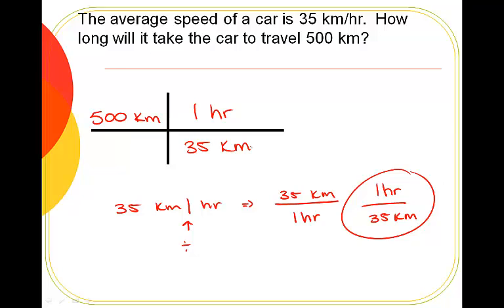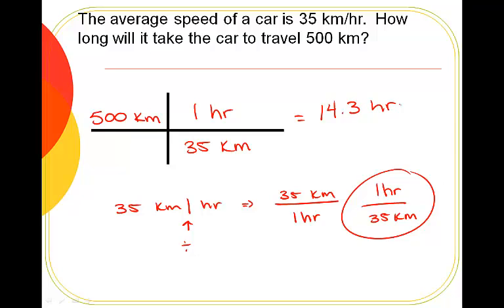We set this up so that whatever we want, in this case time, will be on the top of our conversion table. So 500 times 1 divided by 35 equals 14.3 hours.